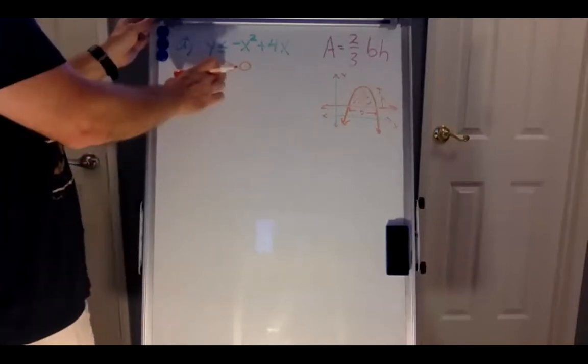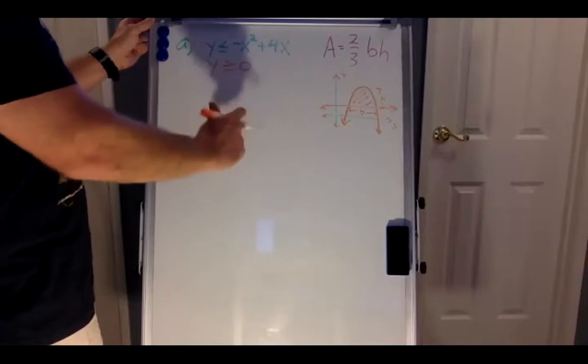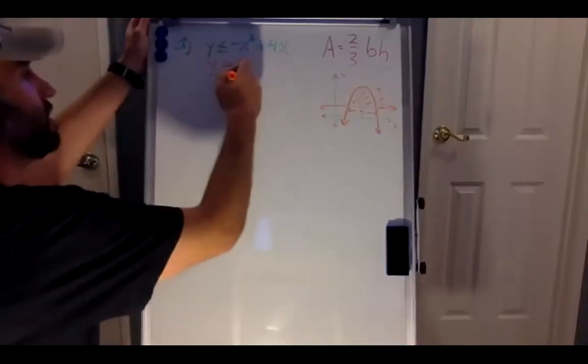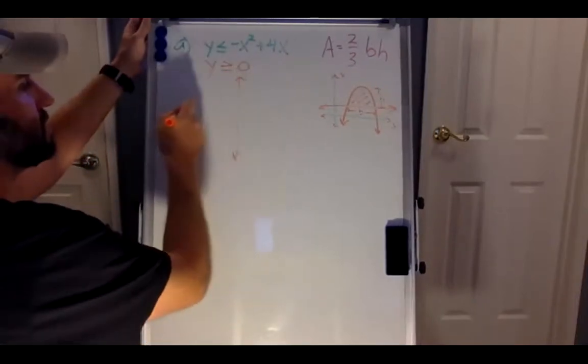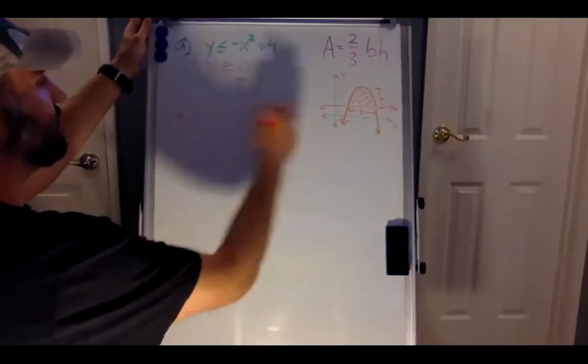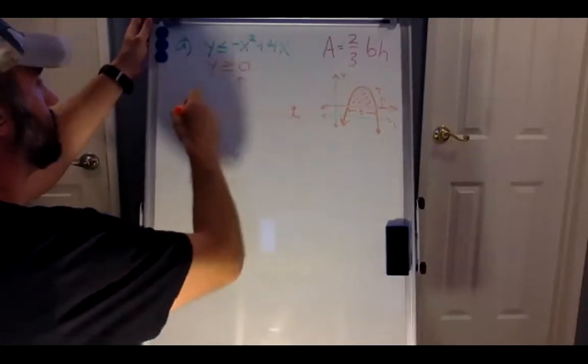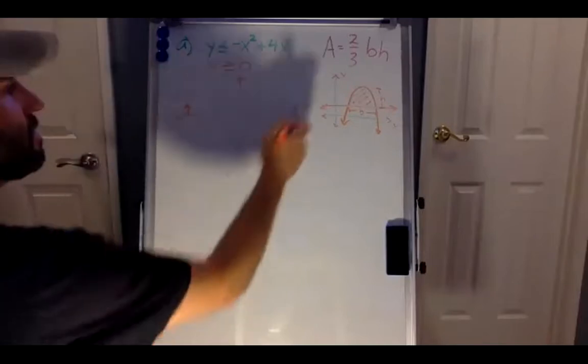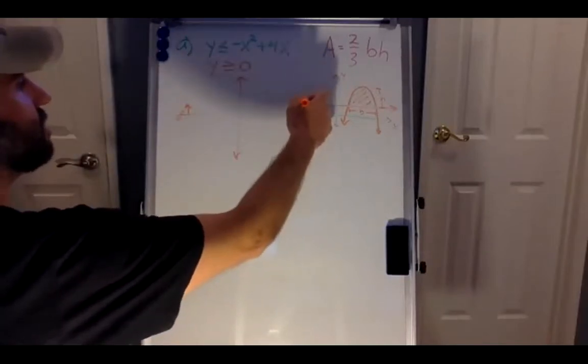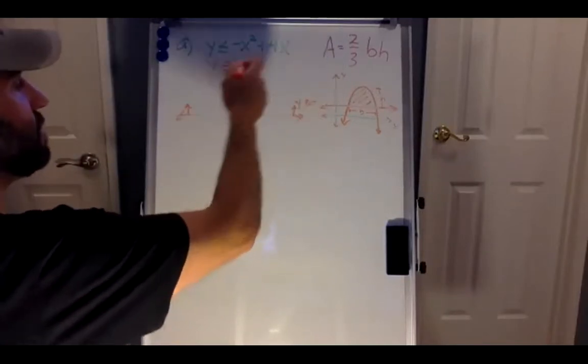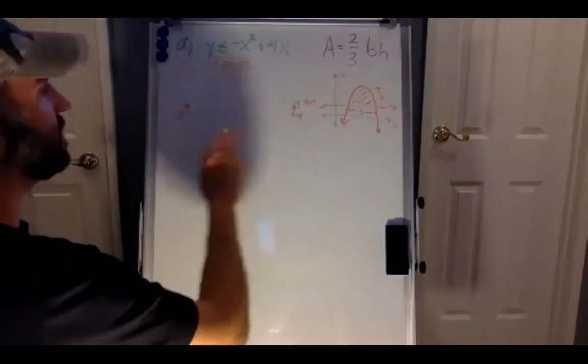Think of it as y equals 0. That's the x-axis. So what we're talking about graphically, you might want to get a picture of what this is looking like. We need everything above that. That's what y greater than or equal to 0 gives us, everything above here. We're not considering anything down here.